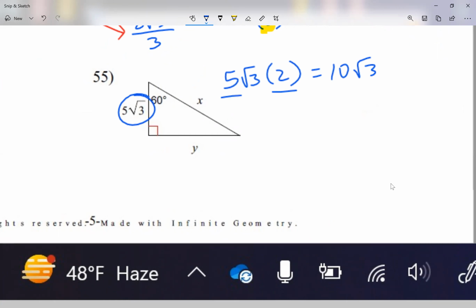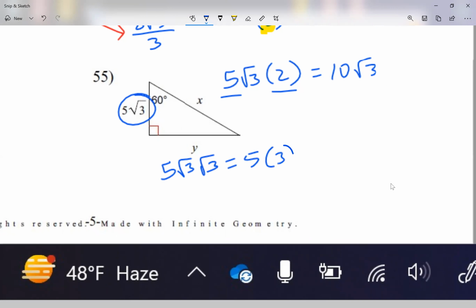Notice I multiply my whole numbers. Now starting from the small side again, 5 radical 3, I'm going to solve for y. I have 5 radical 3, the small side, times radical 3. This gives me 5 times 3, which is 15. Okay, not bad.